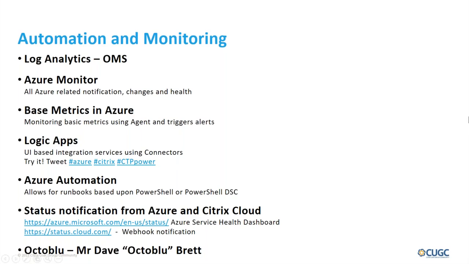So if you have a NetScaler Gateway running both on premises and in a number of Azure regions, you can use Octoblu to actively monitor inbound SSL connectivity to the gateway. And this gets around some of the issues around the NetScaler GSLB failover. If your internet pipe goes down, you could use Octoblu to trigger that automatically and send you an alert and let you know that it's gone down.